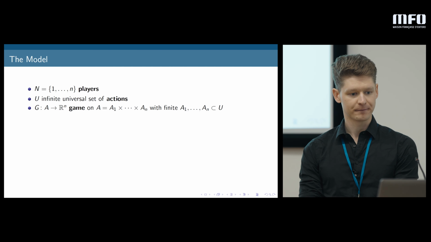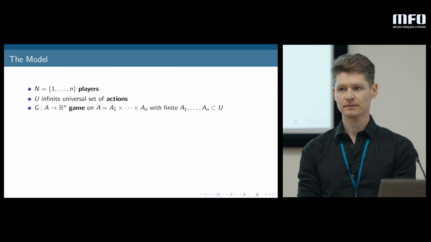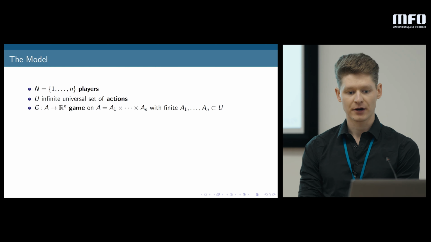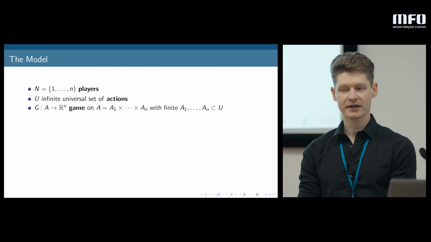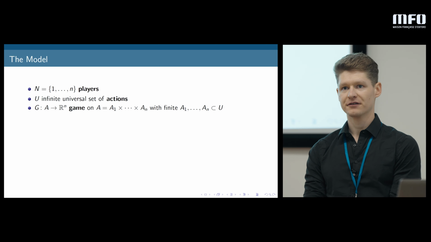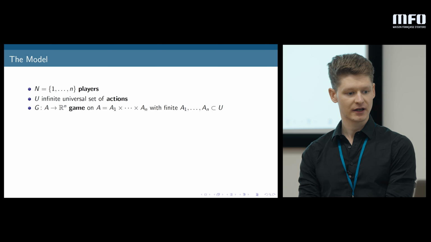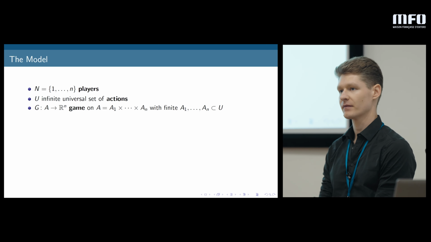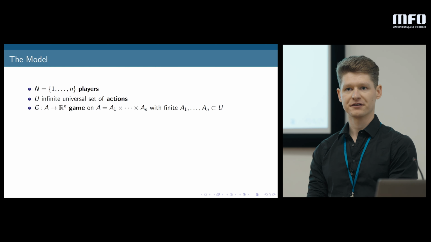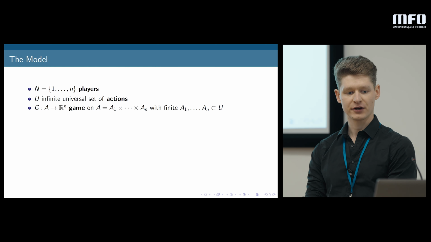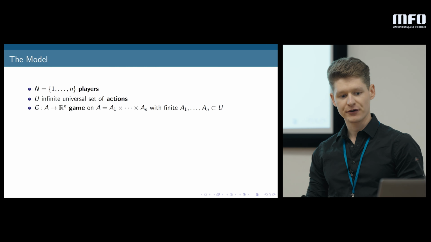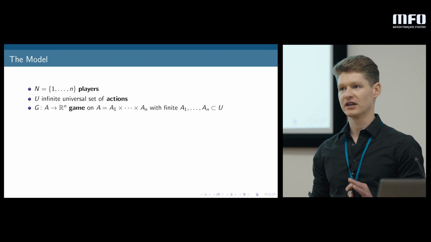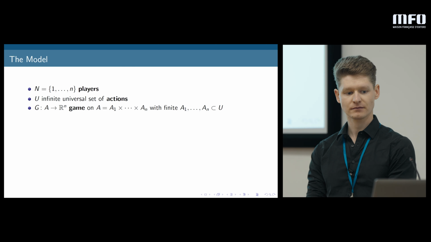Good. So I'll be more formal from now on. The framework is very standard, so we have a finite set of players labeled 1 to n. And then there is a universal set of actions that every player's action set in each game comes from. Okay, and we require this set to be infinite. So in our characterization, we will have to look at arbitrarily large finite games.